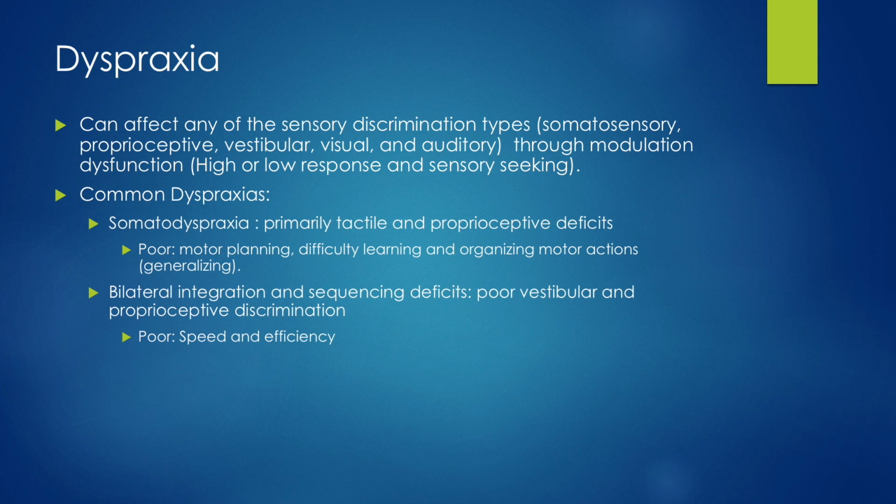This dyspraxia can affect any of the sensory discrimination types. Some common dyspraxias are somatodyspraxia, primarily tactile and proprioceptive deficits. This is to say that if they were to touch a soft object and they had an aversion to soft things, there would be a high response causing an inappropriate reaction, and that would cause feedback that would also create an inappropriate memory of that reaction.